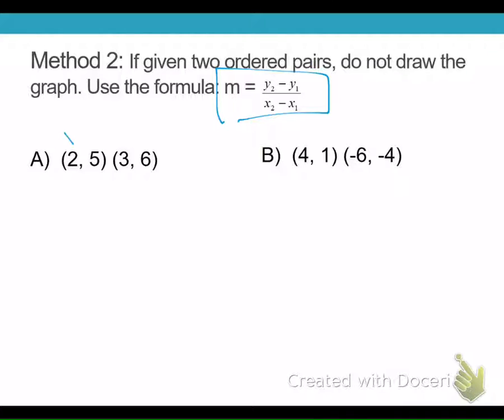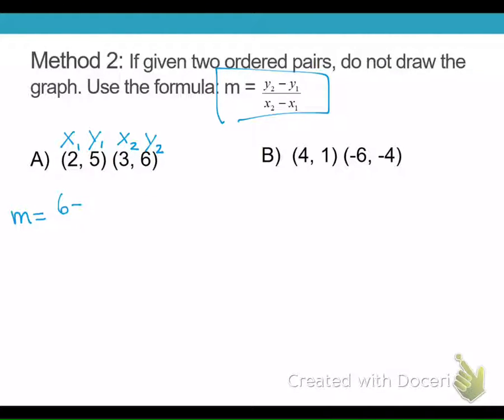Now, the first x they give you, that's x1. The first y they give you is y1. The second x they give you is x2. The second y they give you is y2. And then you're just plugging it in. So I want to start with the second y, which is what? 6.